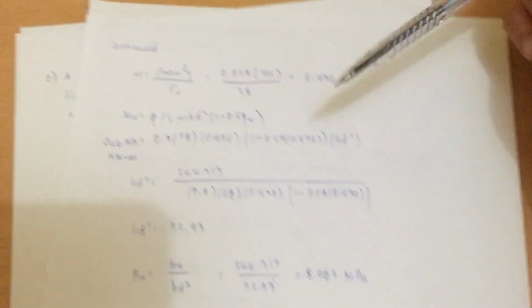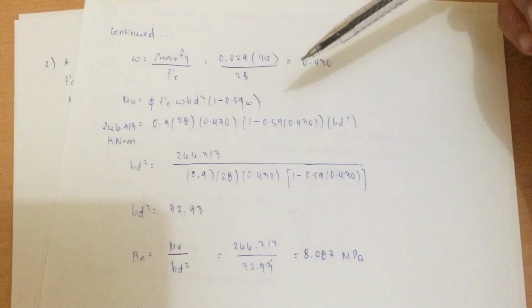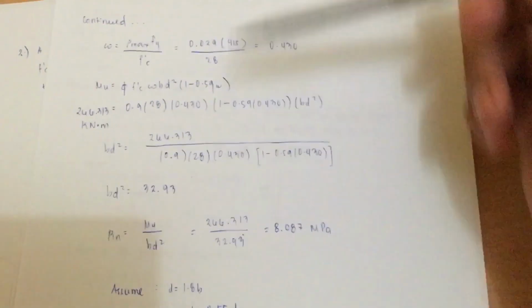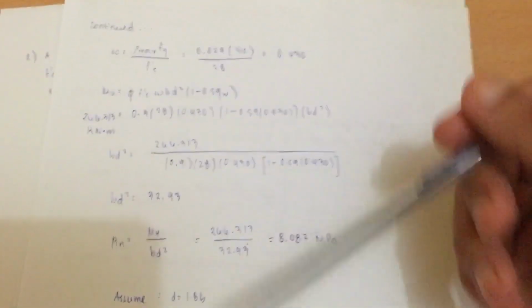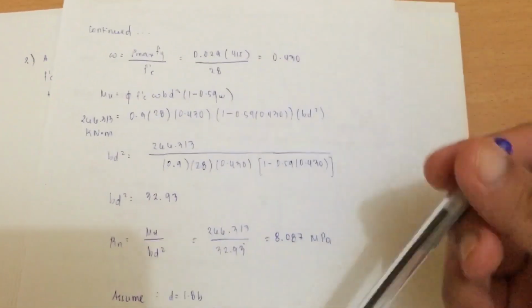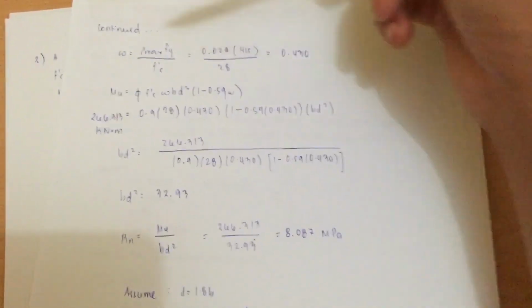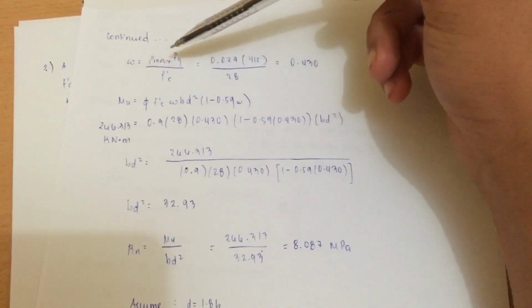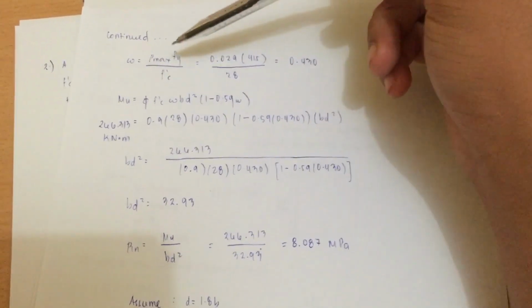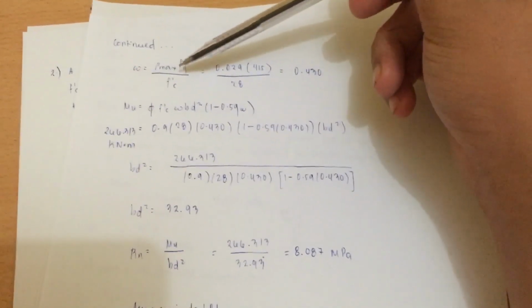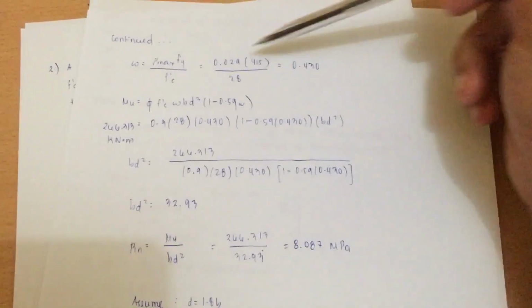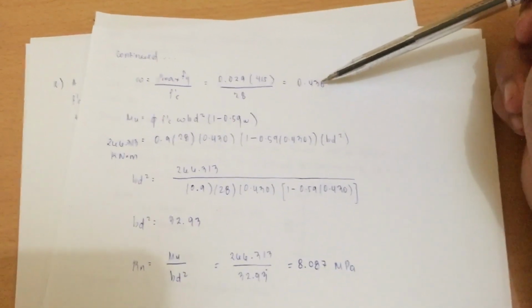Now for continuation, in order for you to get the least dimensions of our concrete beam, I will go through the step-by-step process as explained in the book or in our references. So first we need to get the omega, which is equal to the maximum steel reinforcement ratio times your Fy over F prime C. So we have 0.4430.